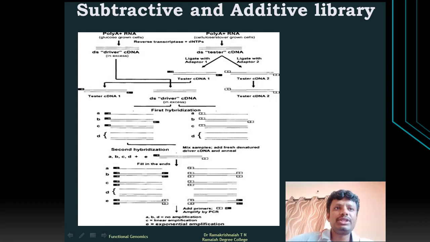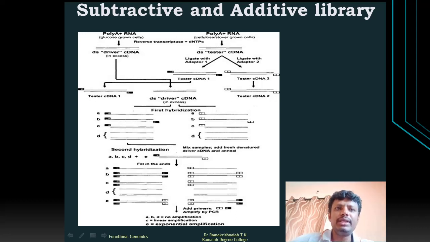Then the double stranded driver can form one hybrid, or any single stranded driver molecules are also formed, or if they are not attached, they will be removed. Keeping only the tester, the rest of the types are removed. This is called the subtractive step, leaving only the tester molecules enriched for sequences not found in the driver.